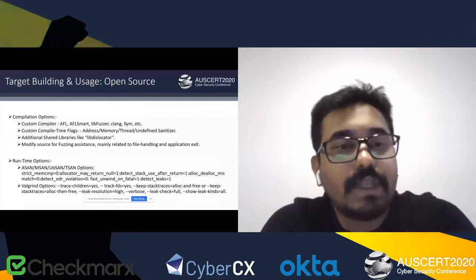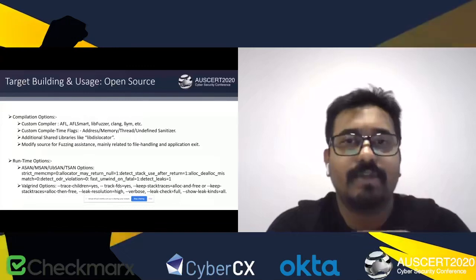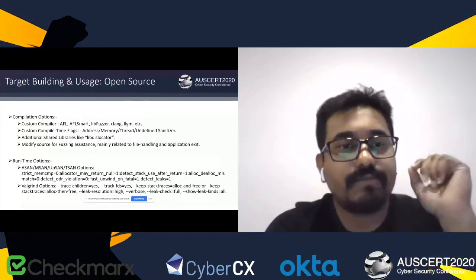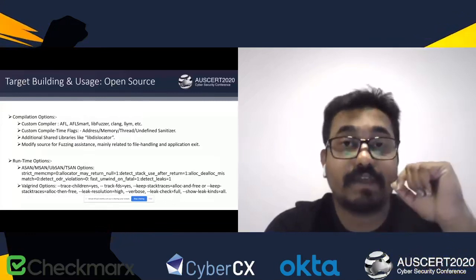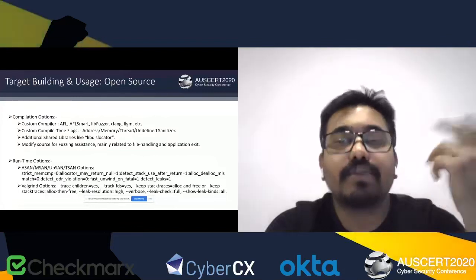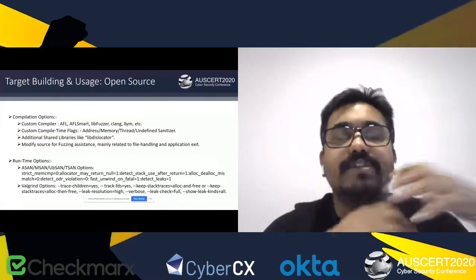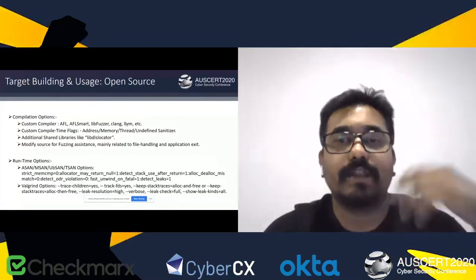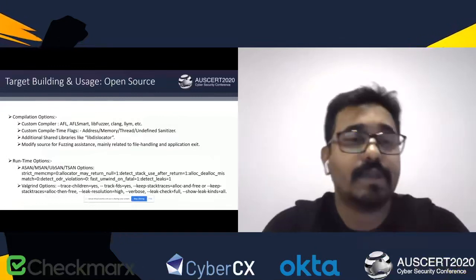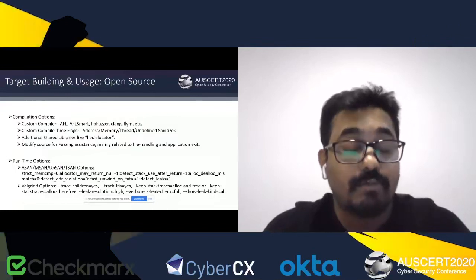You can use shared libraries like libdislocator, which comes shipped with AFL, for address allocation. And you can also modify the fuzzing approach. You can modify the source of the application so that it will not close the application, and you can just open it once and continue running all your fuzzing operations throughout. That helps you. So these are the ways you can build your open source.